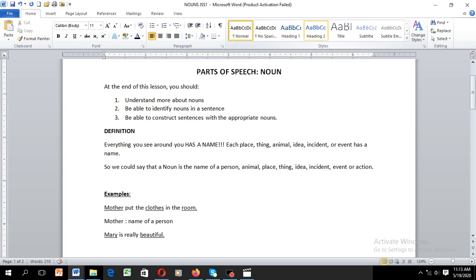You see that? Then let's look at the next underlined word there, clothes. Clothes can be classified under things. And finally, I underlined room.